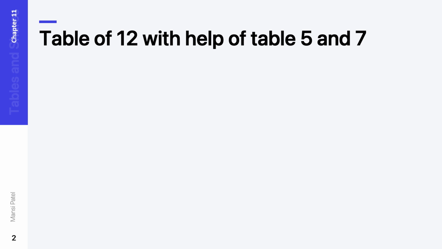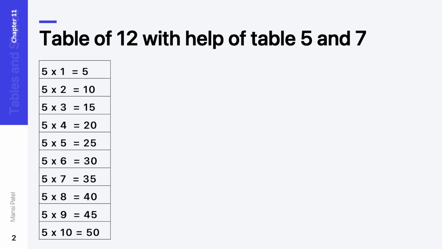First, here you can see the table of 5. 5 ones are 5, 5 twos are 10, 5 threes are 15, 5 fours are 20, 5 fives are 25, 5 sixes are 30, 5 sevens are 35, 5 eights are 40, 5 nines are 45, and 5 tens are 50.